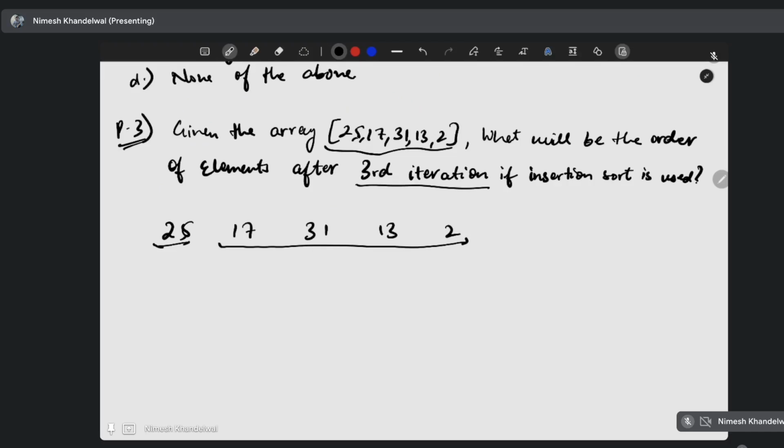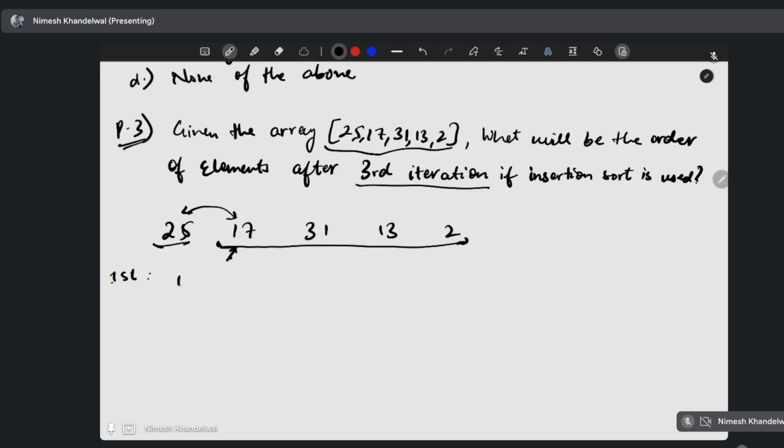Yeah, so we find the smallest value in the unsorted array, and then we swap it, right? The next smallest, basically. So we start with this and we start searching. So 17 is indeed smaller than 25, right? So after first iteration, these will be swapped.